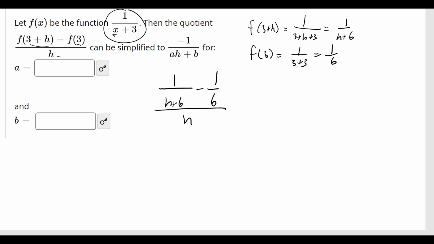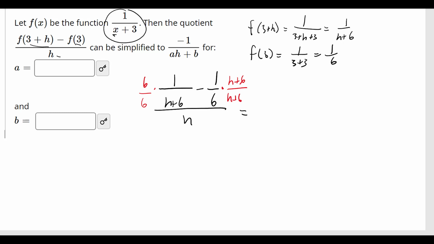And if you're not comfortable with fractions, this can be rather intimidating. So we're going to go ahead and multiply. We want to get the common denominator in the numerator. I'm going to multiply the second term by h plus 6 over h plus 6. And you'll multiply the second one by 6 over 6. So that our common denominator is 6 times h plus 6.